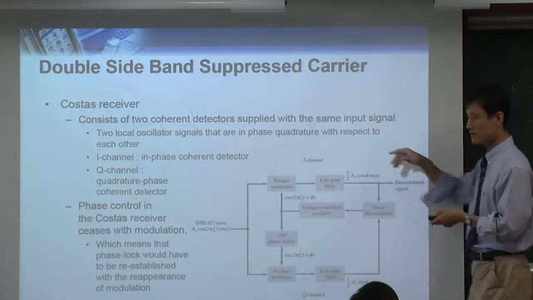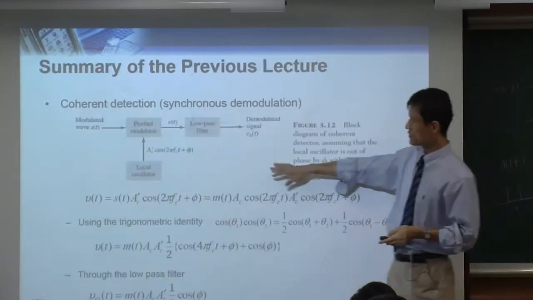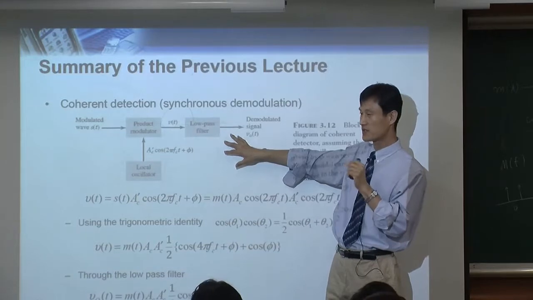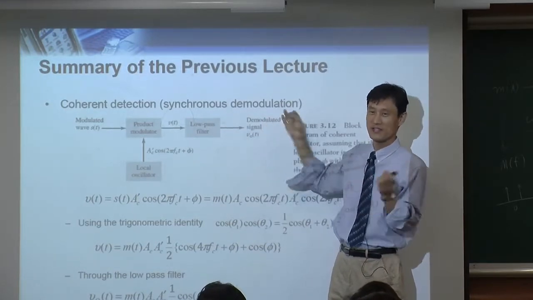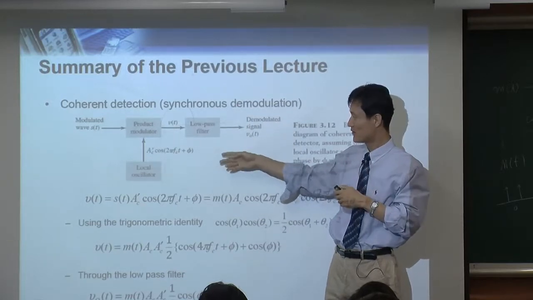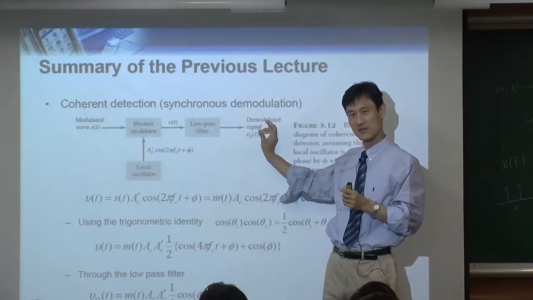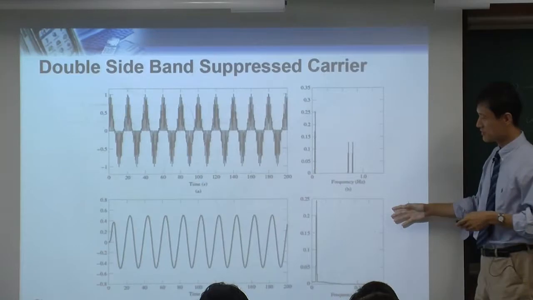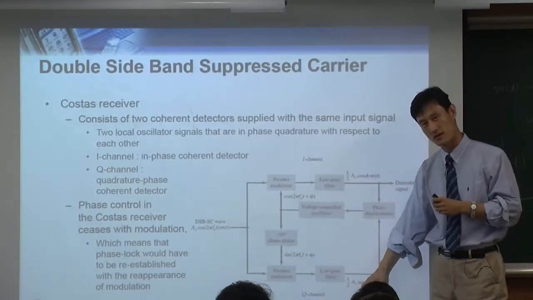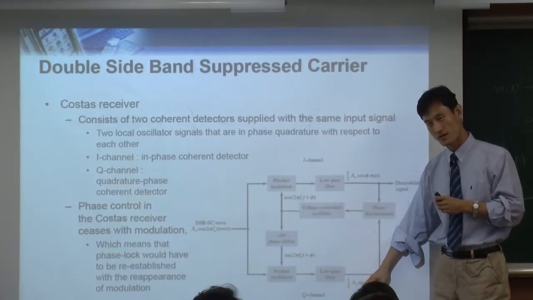In the previous receiver, if the phase mismatch was 90 degrees, you get 0. That's it. There's no way. If you're unlucky, that's it, 0. But in this cosine receiver, you get 0 here, but still you get the maximum here. Okay? So that's the difference.